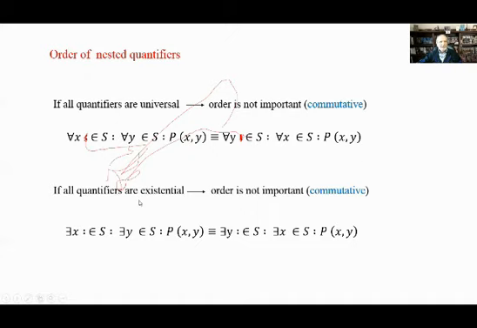If all quantifiers are existential, then the order is not important either. There exists x, there exists y is the same as there exists y, there exists x.